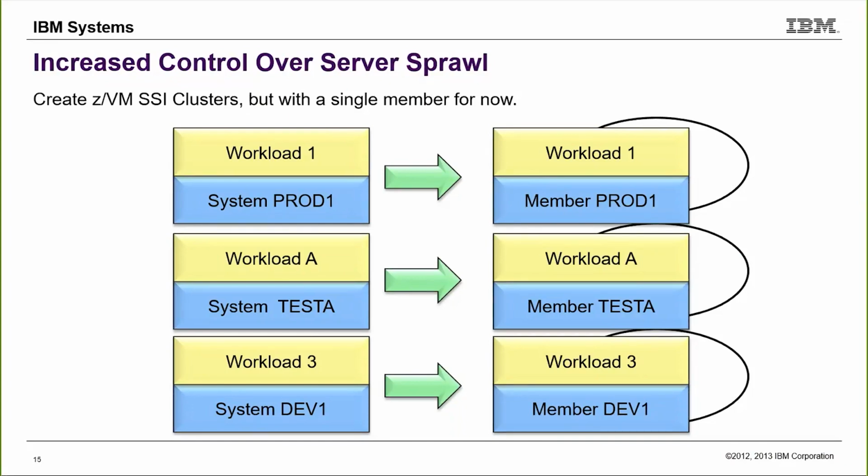You can get into debates about how strong is the separation between members in a cluster and things of that nature, but experience just tells me that there's more advantages to separating them in different clusters than it is to combine them. So that's why in my example here, I'm going to go with three different clusters and set them up accordingly. That also gives me experience. I may do this initially with the development or the test ones before I do that with the production ones and get some experience on that.